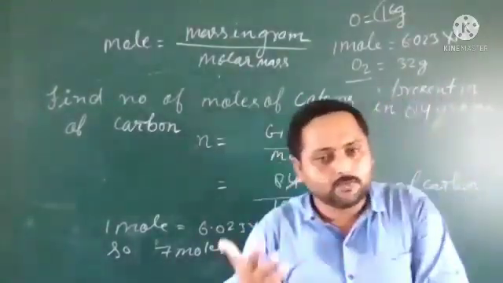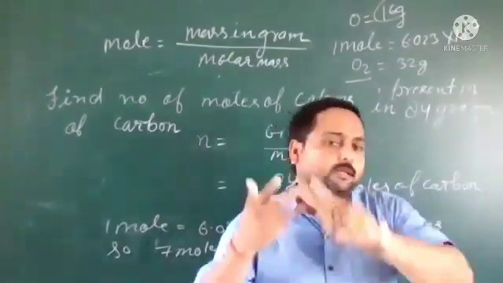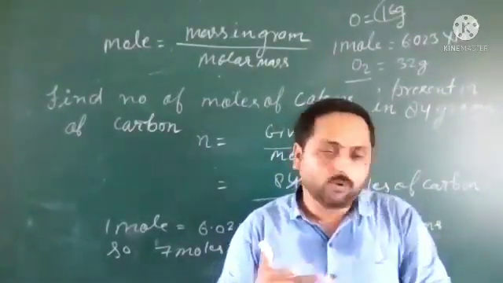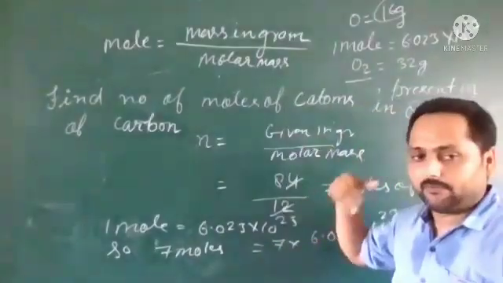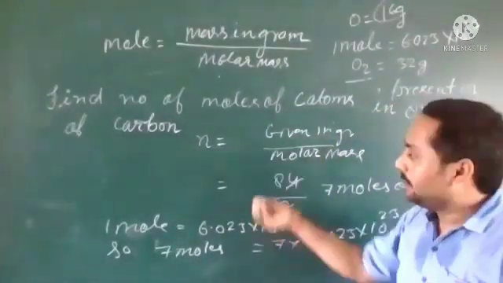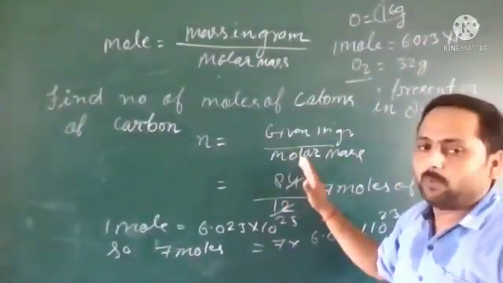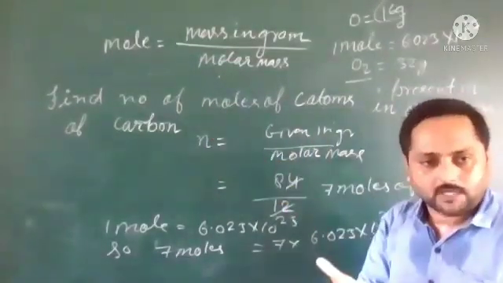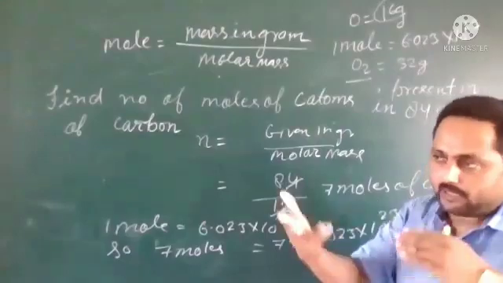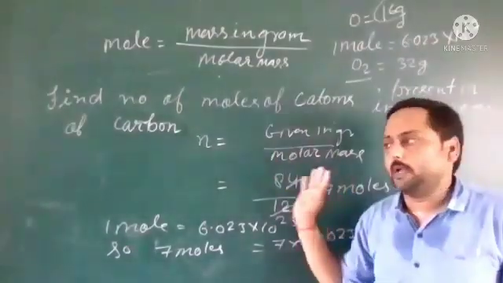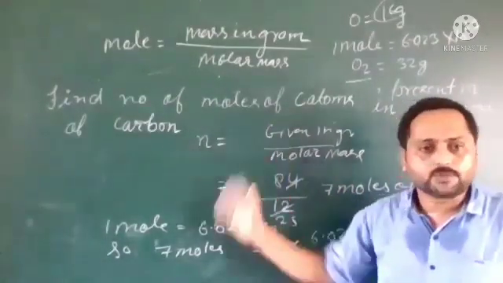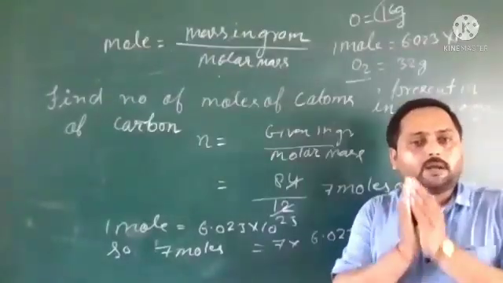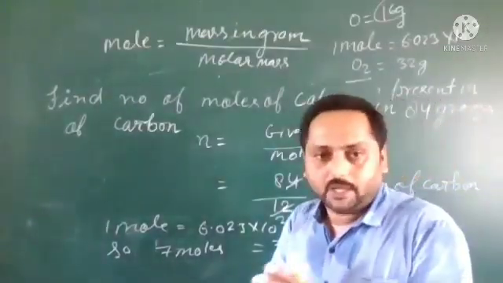That may be an atom, a molecule, or ions also. We got one formula, number of moles equals given mass by molar mass. It will help you forever, in 12th class also, and in further calculation. So clear how we calculate number of moles and number of atoms. Okay, got it?